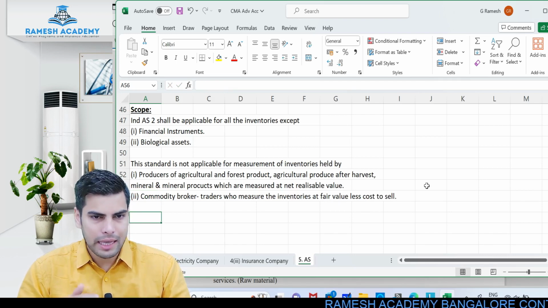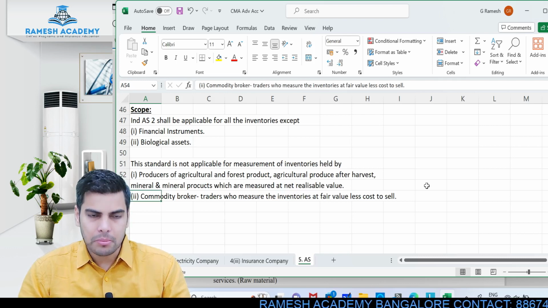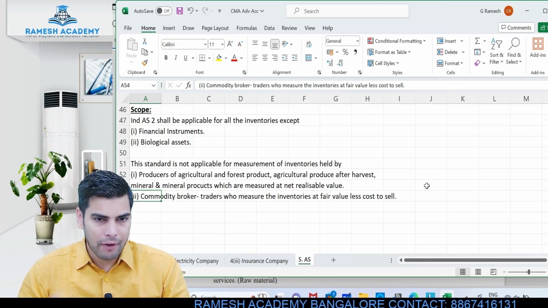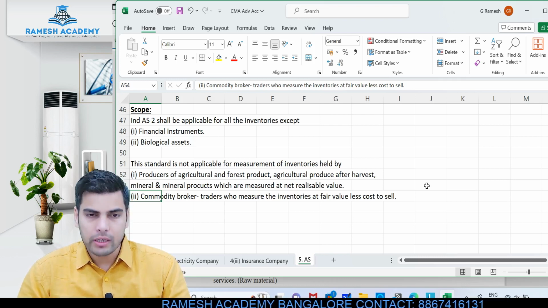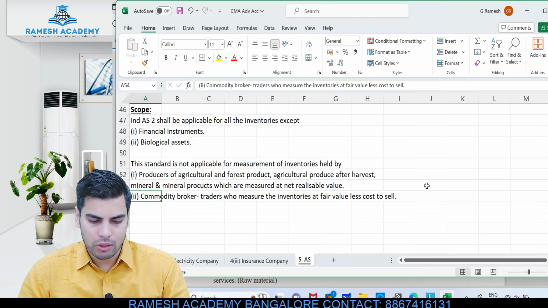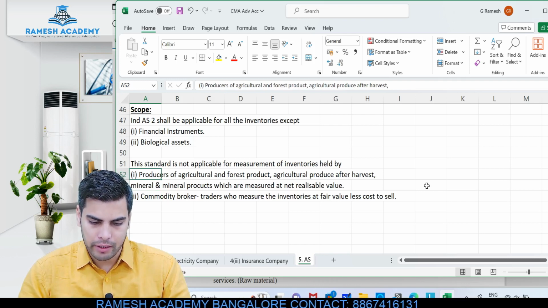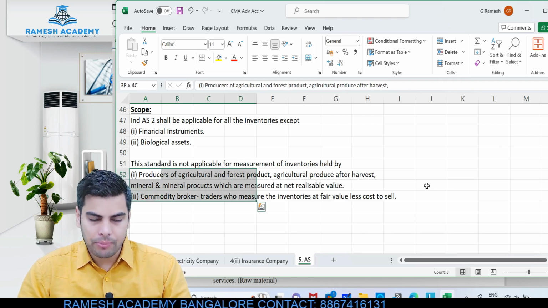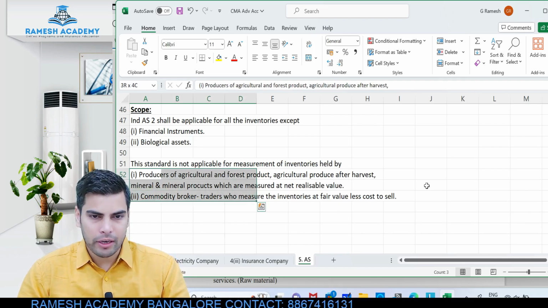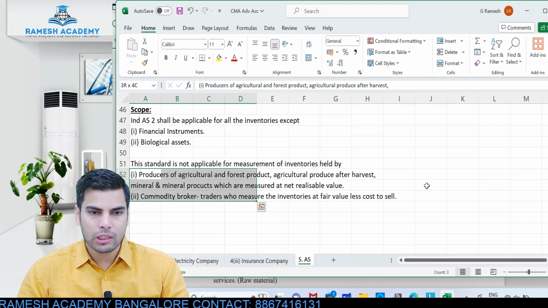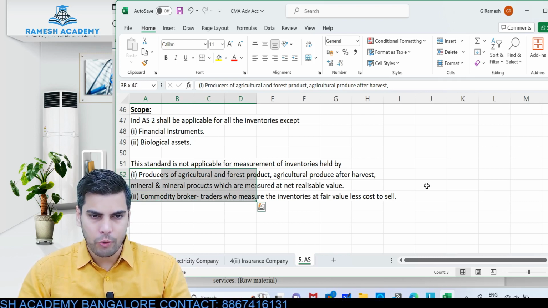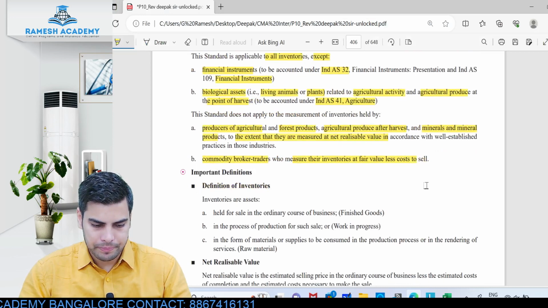All these things have been defined subsequently. Just remember that whenever it comes to valuation of agricultural produce after harvest, valuation of mineral ores, forest product for that matter, and commodities held by commodity brokers, we will not be applying the concept of Indian Accounting Standard 2. Just remember this much.